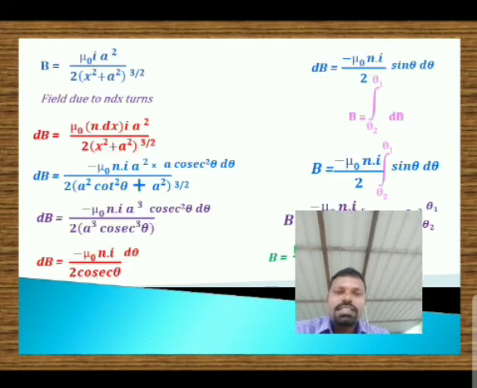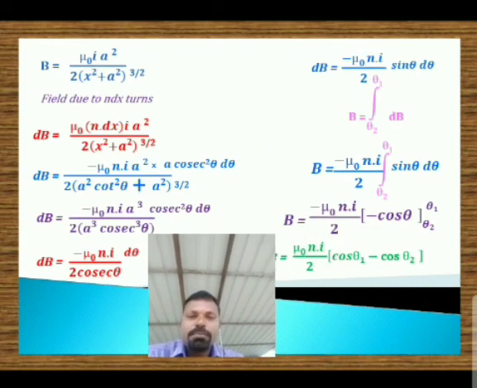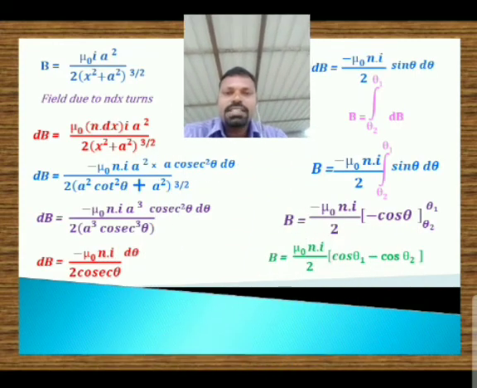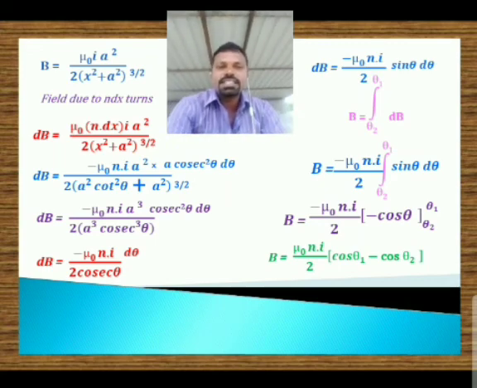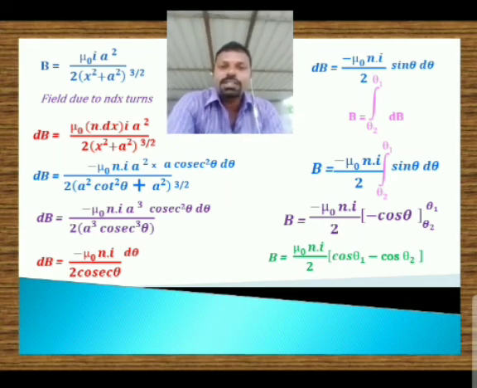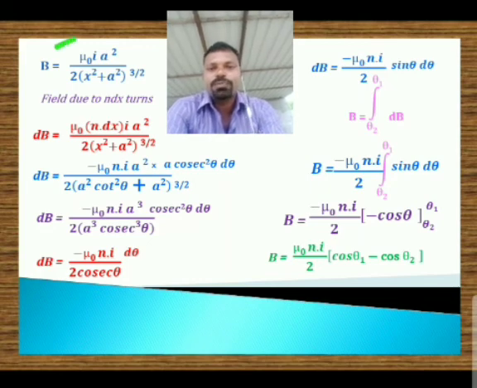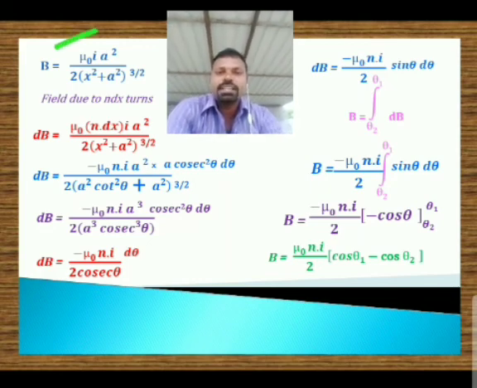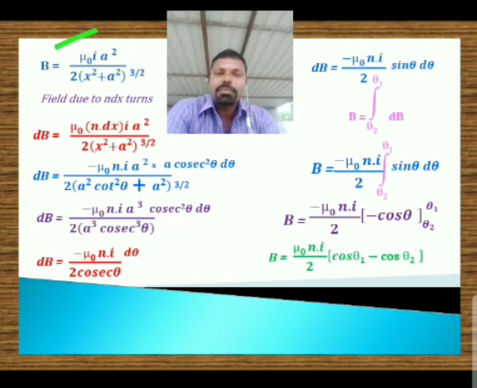So see here, I am putting the total derivation here to understand easily. The total derivation is here only. First one: B is equal to mu naught nI a square by 2 into (x square plus a square) to the power 3 by 2. It is the magnetic field due to a circular coil of a single turn.